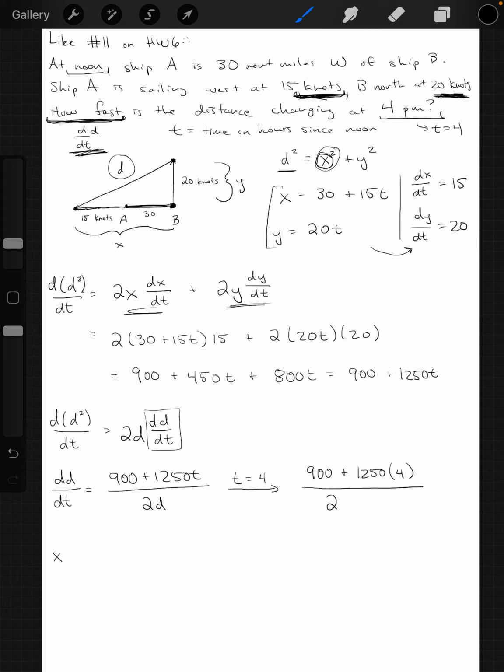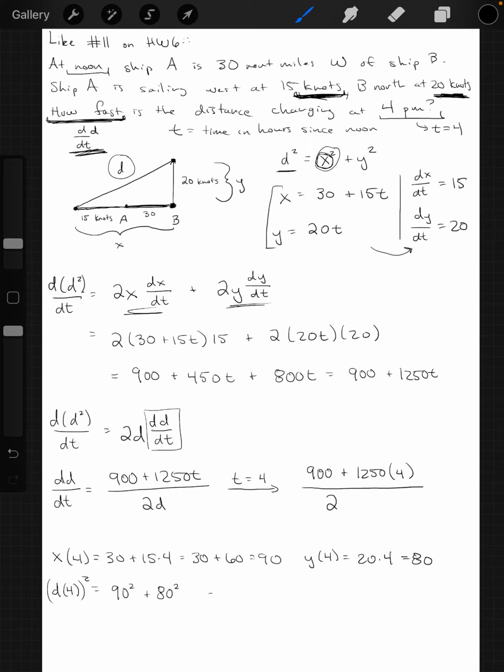So x of 4 is going to be 30 plus 15 times 4 equals 30 plus 60 equals 90. Y of 4 is going to be 20 times 4, so 80. So we know that d squared, or d of 4 squared, is going to be 90 squared plus 80 squared.